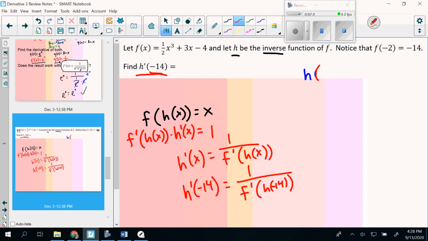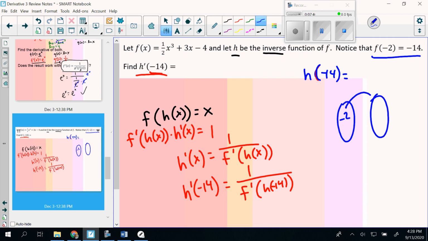Well, that in itself we don't know, but what we haven't used yet is, remember this little statement? F at -2 equals -14. We can use that to help us, because remember, if -2 and we apply f maps to -14, what's going to happen if we apply the inverse h to that? H should map us back to -2.